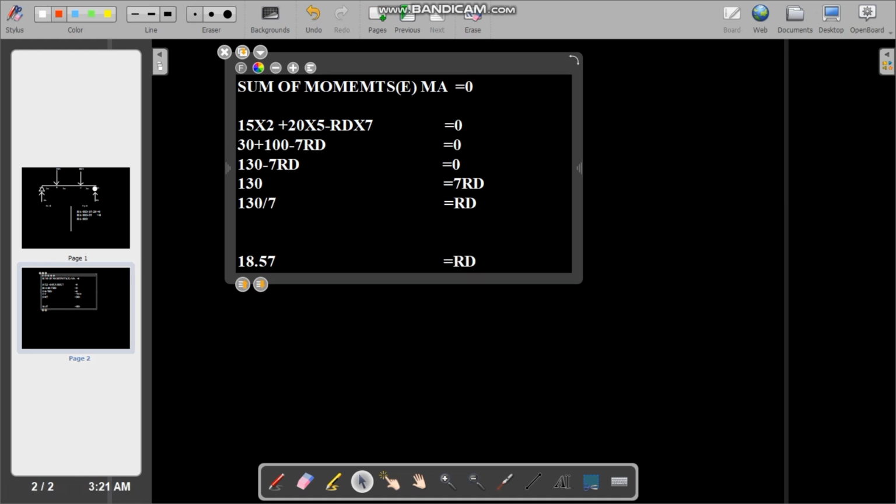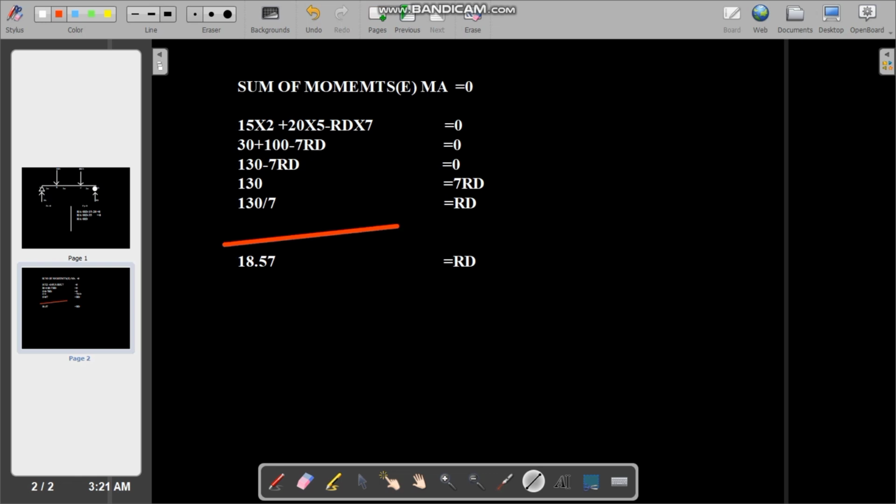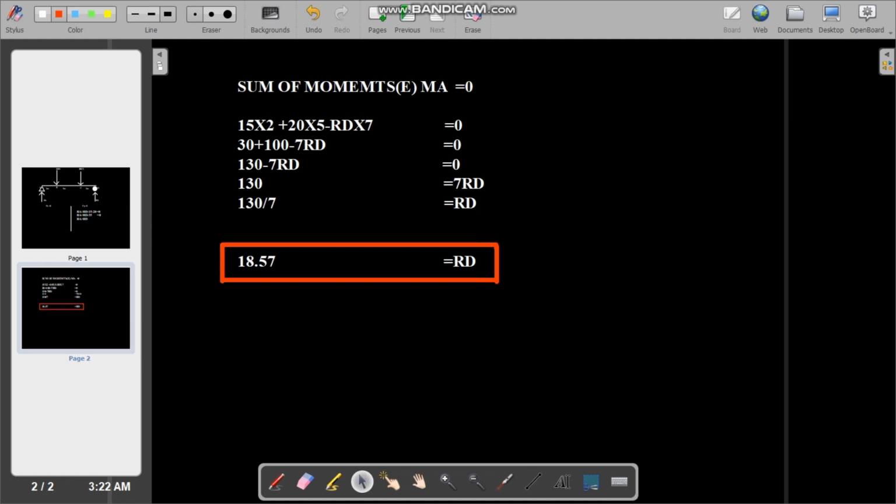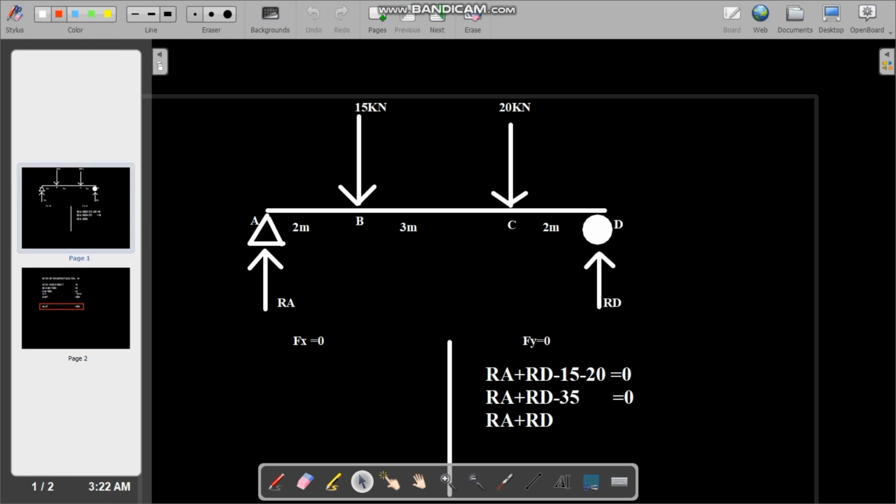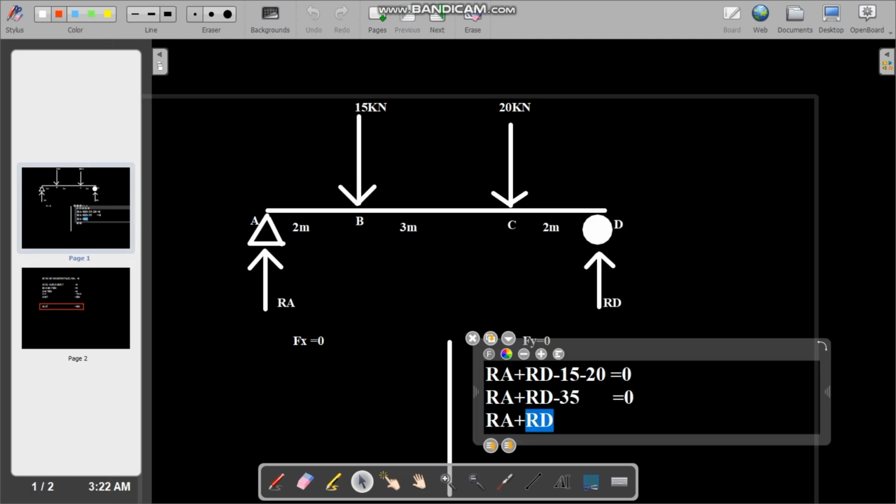Rd value is equal to 18.57. Here we got the value from here. Okay, that's the point of view that I want to say here. Rd value is equal to 18.57, and we just put the value into the equation that we wrote here.